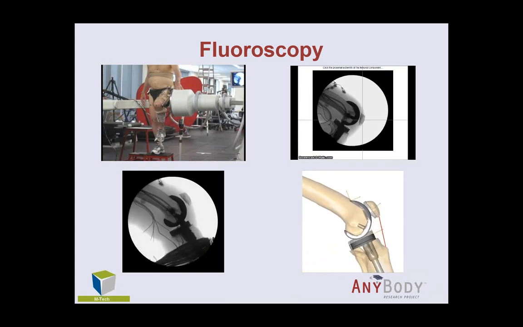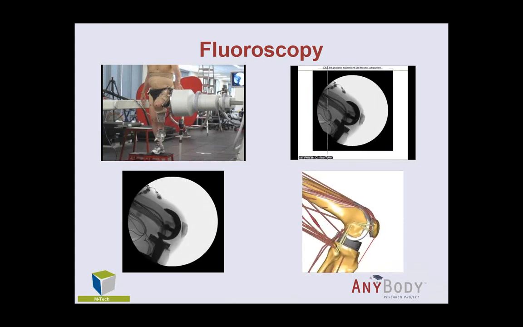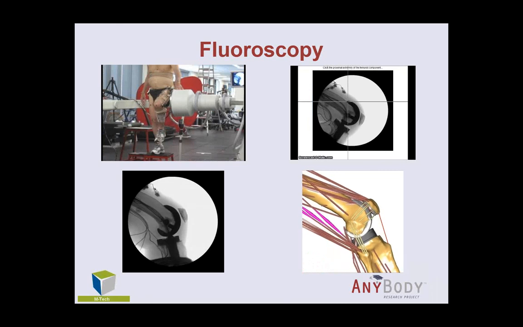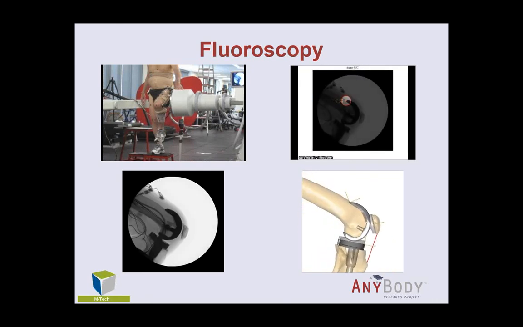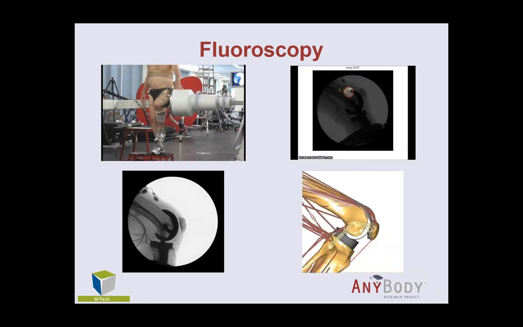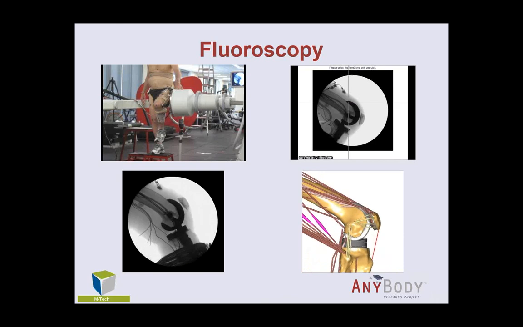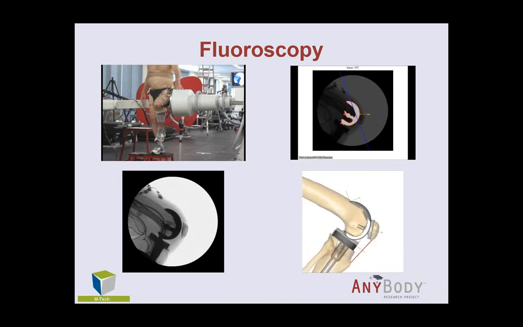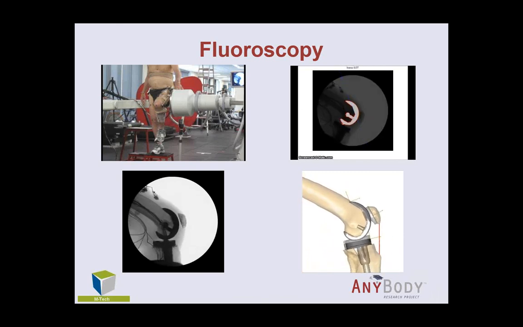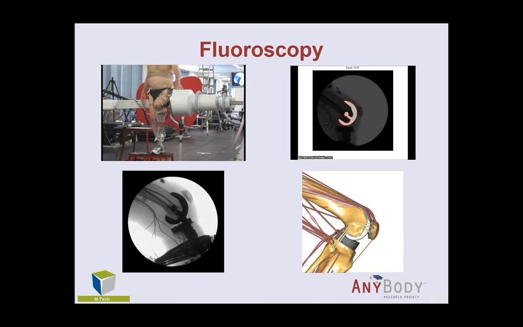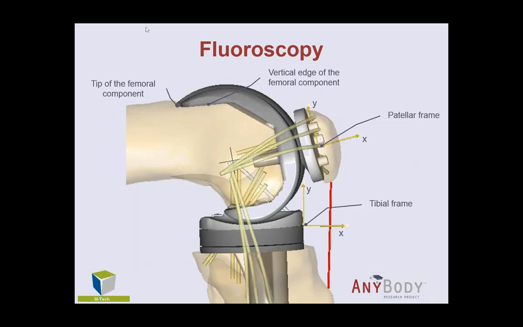Yeah, so what we did was we then recreated the movement from the fluoroscopy. So we made a model that had the same knee flexion angle as in the fluoroscopy, and then computed all the movements that actually happened within the joint, so that we can compare directly with those we had in the fluoroscopy. So just to repeat, the things we tracked was this tip of the femoral component.